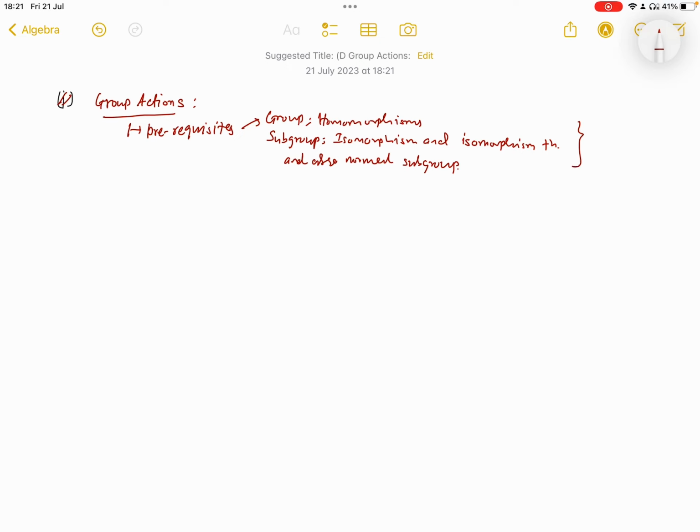Sorry, my handwriting is not very good, so just bear with me. These are the prerequisites from the abstract algebra part.